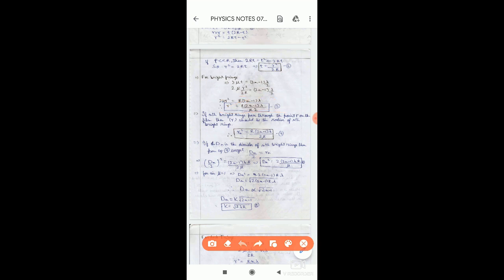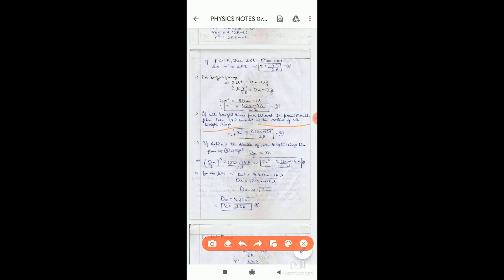Similarly, if the nth bright ring passes through the point F on the film, then r should be the radius of the nth bright ring. So it can be written as rn square equals R into (2n minus 1) lambda upon 2 mu.